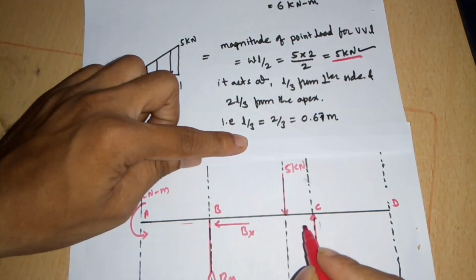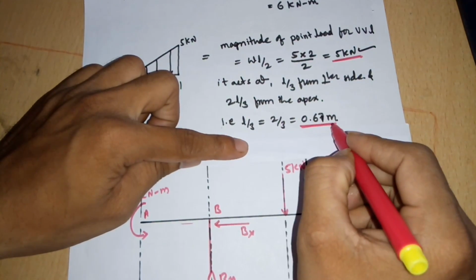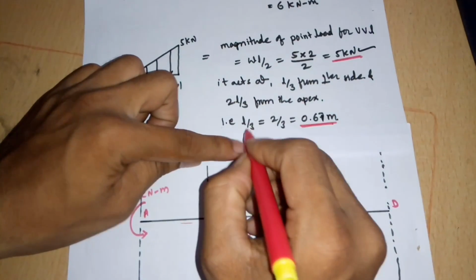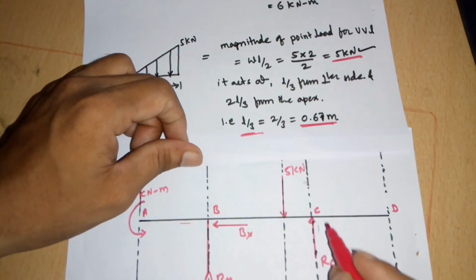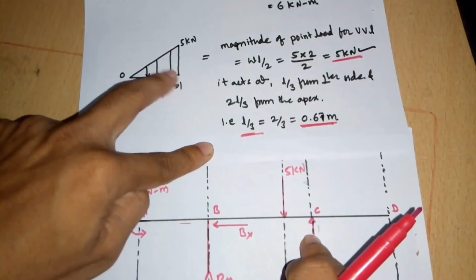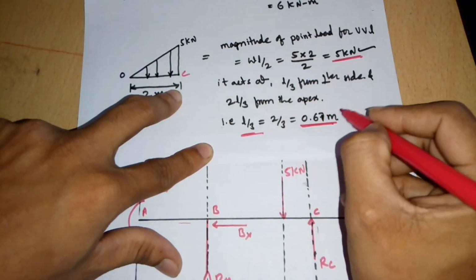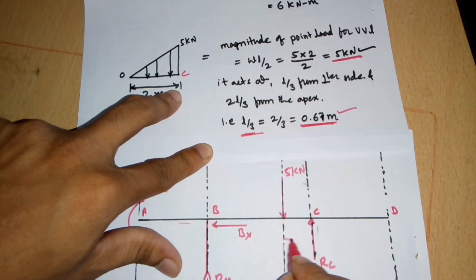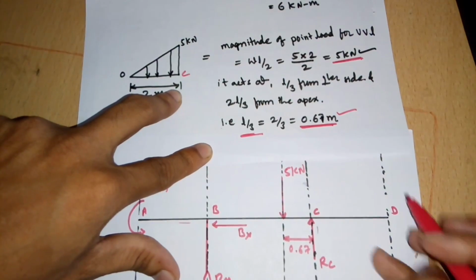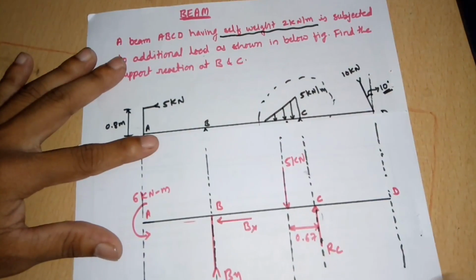Now where is it acting? It is acting at a distance of 0.67 from the perpendicular. For this one, the perpendicular is at the point C. From C it is acting at a distance of 0.67.